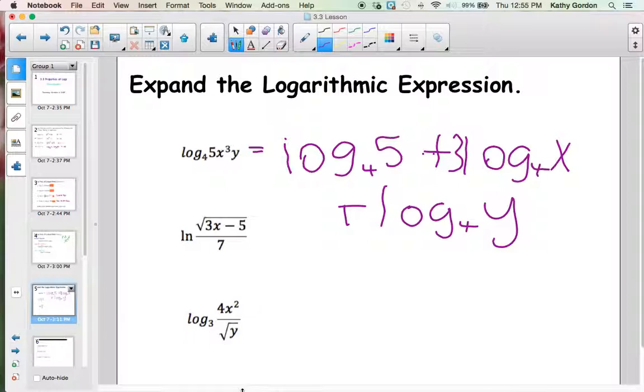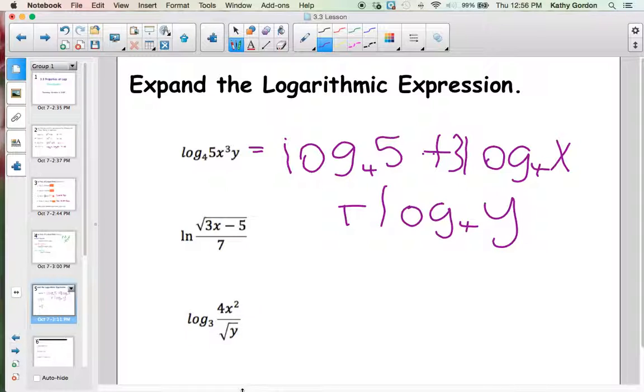When you're doing these, most likely there's going to be more than one step to it, more than one property that can be applied. If there's so much going on that trying to do it all at once is going to expand your brain, then do it in chunks.